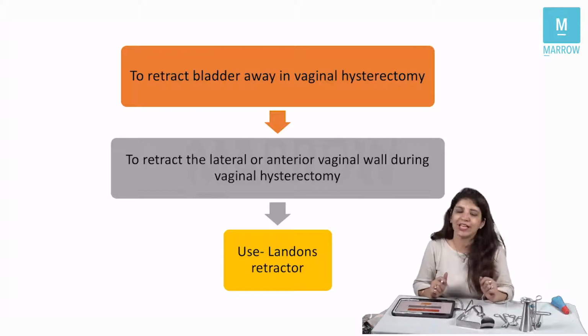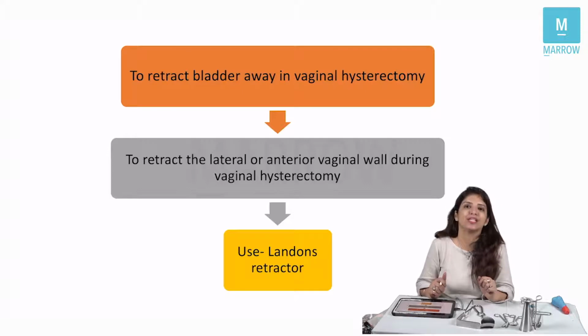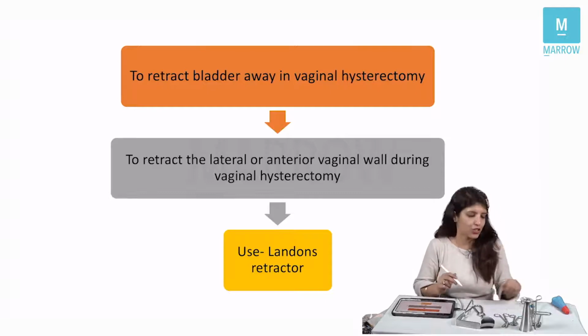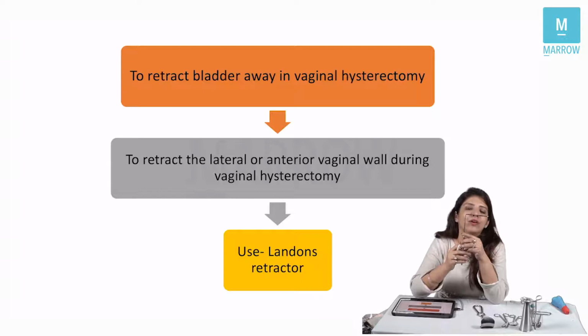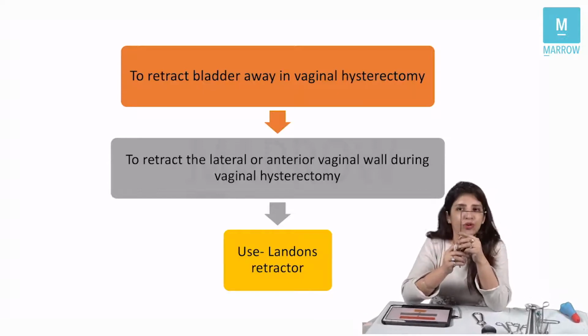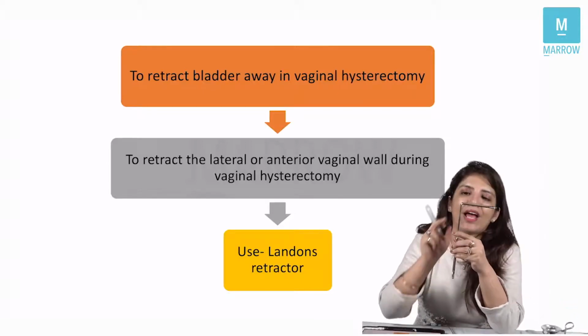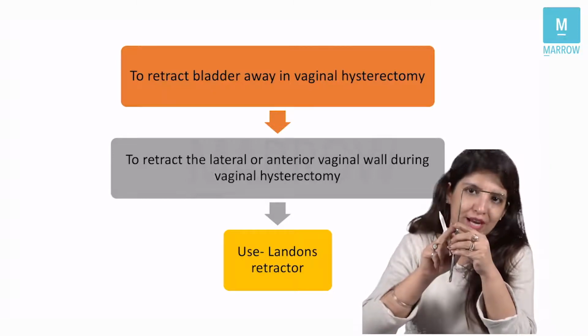Now, obviously, if you have to retract the bladder in vaginal surgeries, you need a narrow retractor. So, for retracting the bladder in vaginal surgeries, we use a Landon's retractor. So, remember here, Landon retractor is an L-shaped retractor, right?